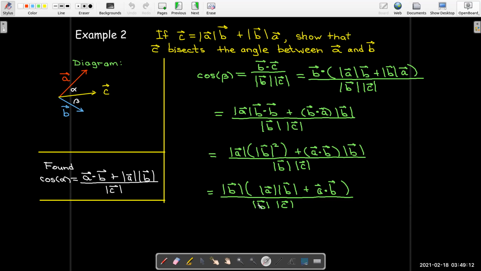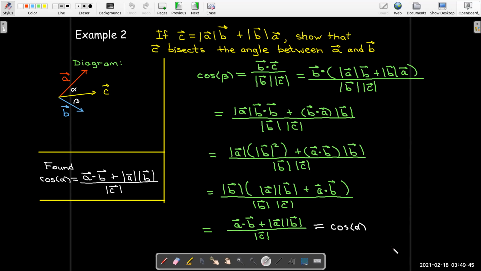I have length of B over itself, a non-zero scalar divided by itself makes 1. So this is going to simplify then to, well, A dot B, I just changed the order in which I wrote this, plus the length of A times the length of B all over the length of C. And sure enough, that is the same as cosine of alpha. So I've got cosine of beta equals cosine of alpha.